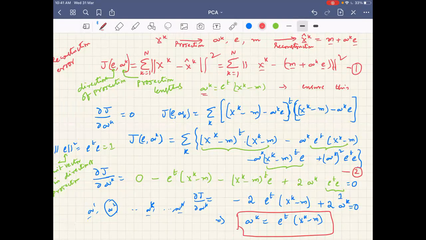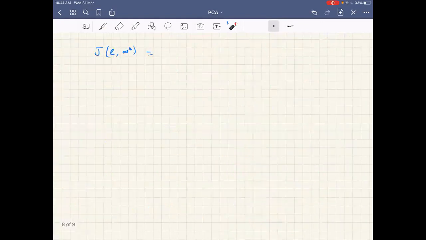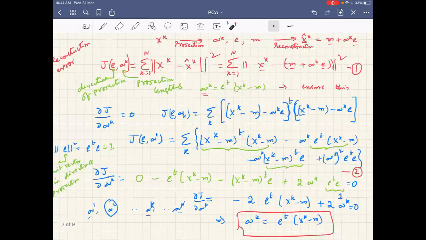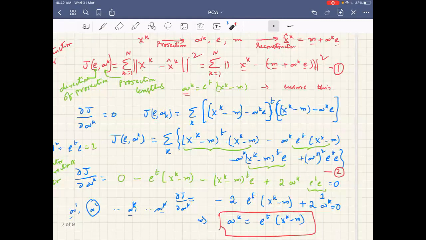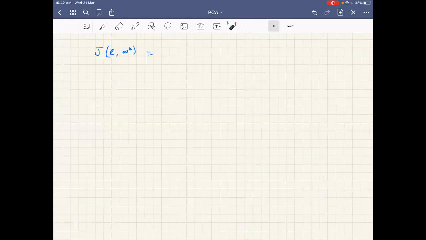See, if I substitute here, the first term doesn't change. Please see, this term doesn't change. I am going to substitute this here. Why am I going to substitute here? Because AK and E are interdependent. Especially if I want to differentiate, I should eliminate either of them. Here, naturally, E is not dependent upon AK, but AK is dependent upon E. Please note that. So what I want to do is represent the whole thing either with AK or with E when I want to simplify this and differentiate with respect to E.